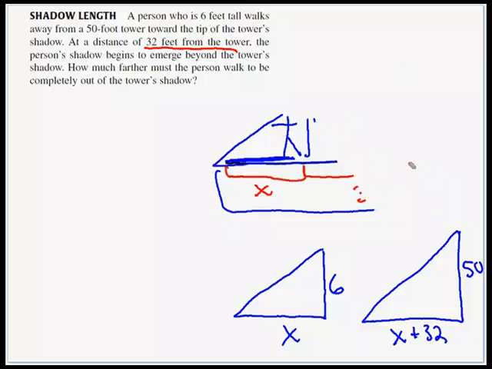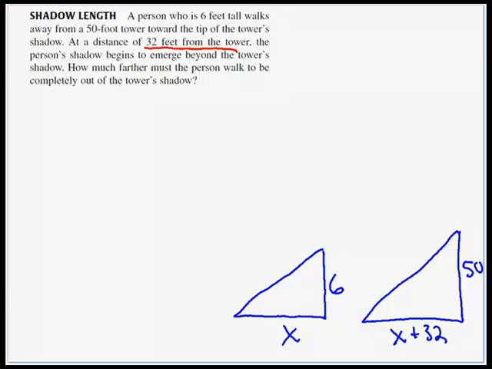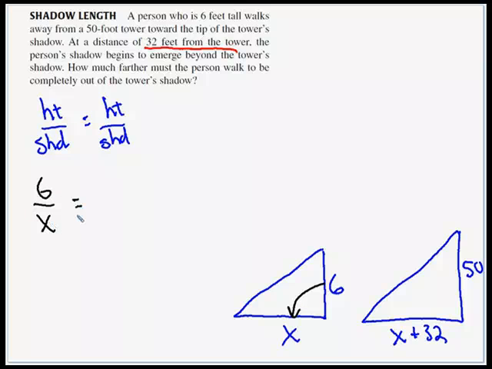So we can get rid of this. And we could do it as height to shadow is equal to height to shadow. That's one way to do it. And here we'll do height is 6, shadow is x. So one of these would be 6 over x is equal to the height of the bigger triangle, 50, and the length of that shadow is the quantity x plus 32.